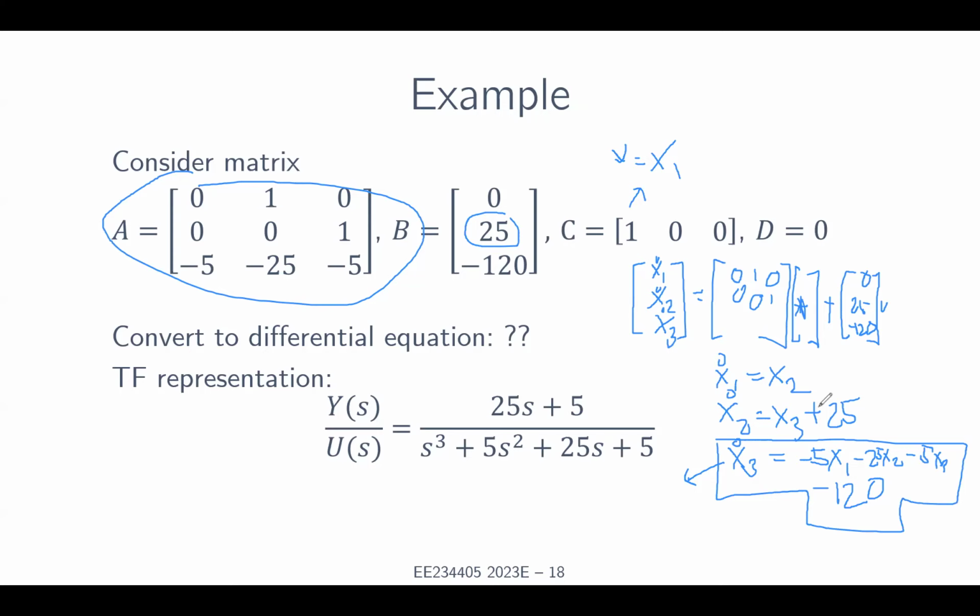All right, so for x3 dot here, let's do this in terms of x1. So x2 is x1 dot, for example, right? X2 dot means x1 double dot.